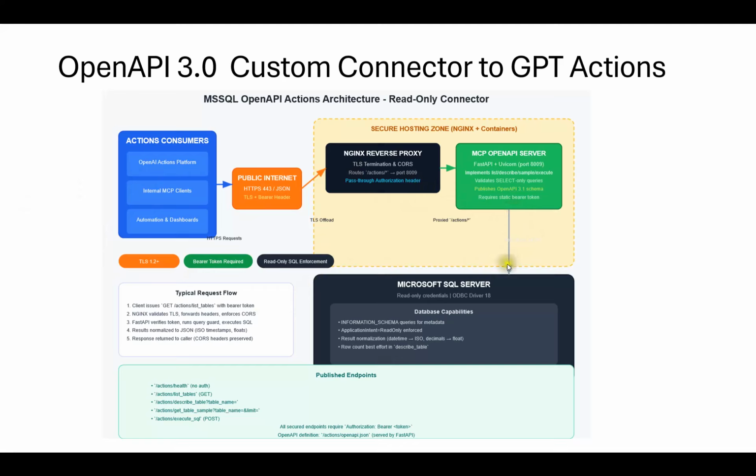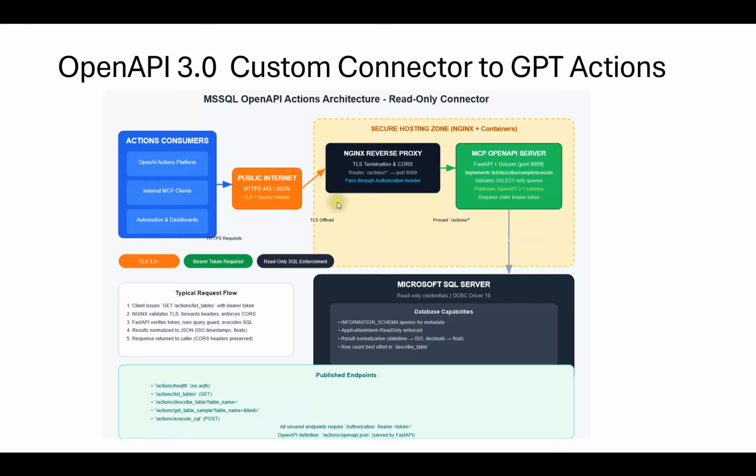On top of that, we had as well an ODBC connection to the server that is read-only, just a second layer of security, to avoid that somebody can change any data that we have on the database. So we have read-only credentials.